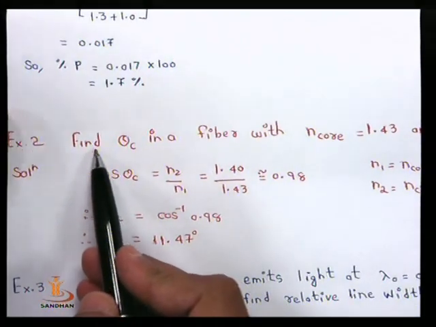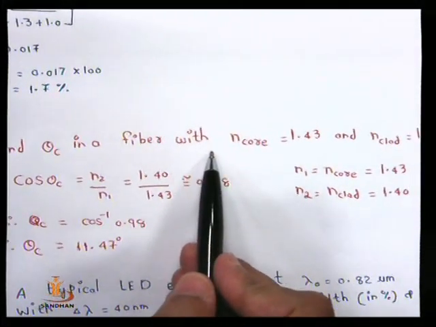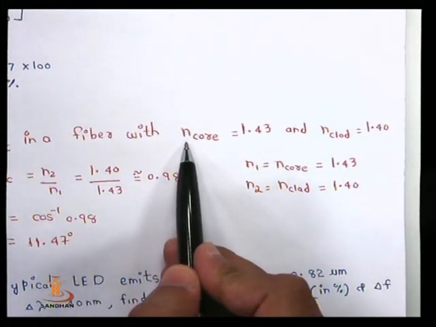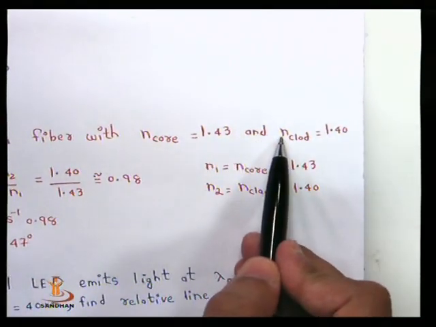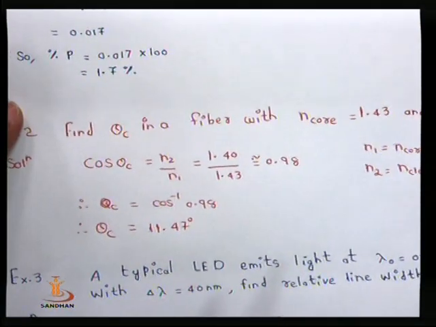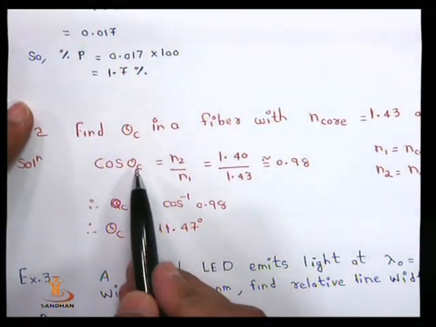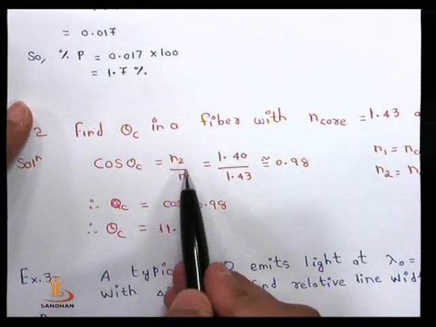Example number 2. Find the critical angle in a fiber with refractive index of core equal to 1.3 and refractive index of cladding equal to 1.40. It is a very simple formula where cos theta c, the cos of the critical angle, equal to n2 by n1.